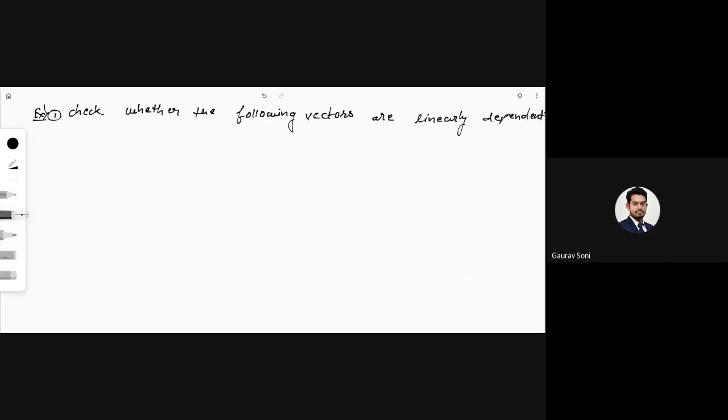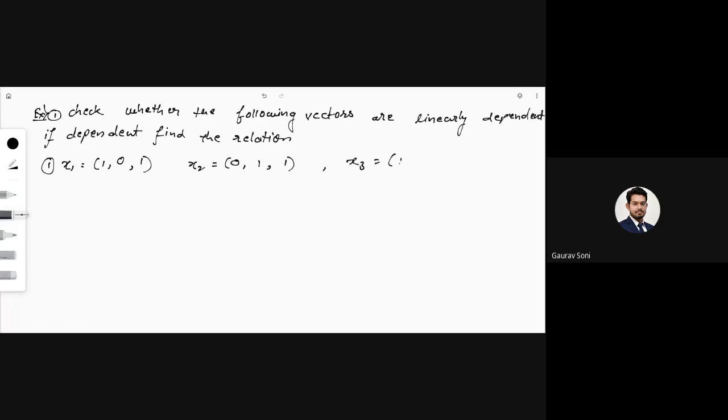If dependent, find the relation. First one, x1 is equal to 1, 0, 1, x2 is equal to 0, 1, 1, and x3 is equal to 1, 1, 0.